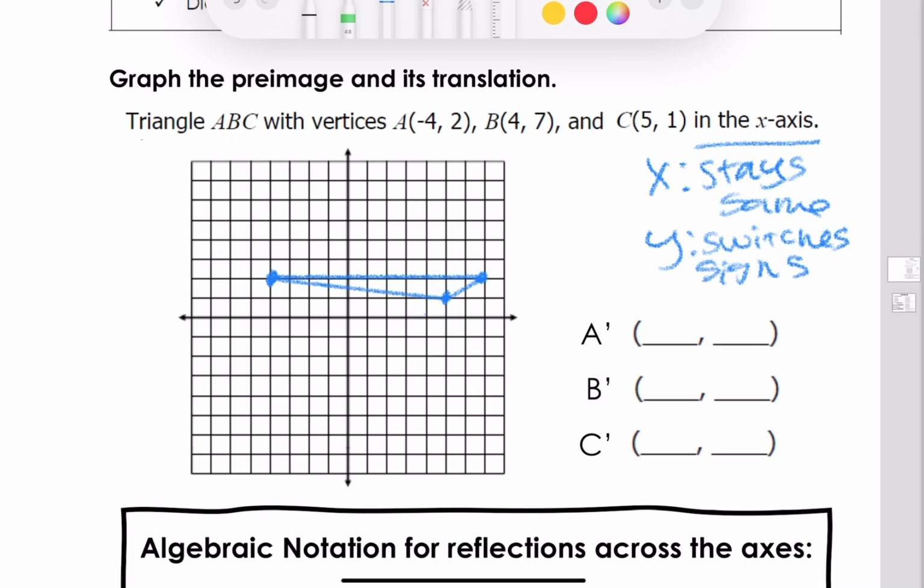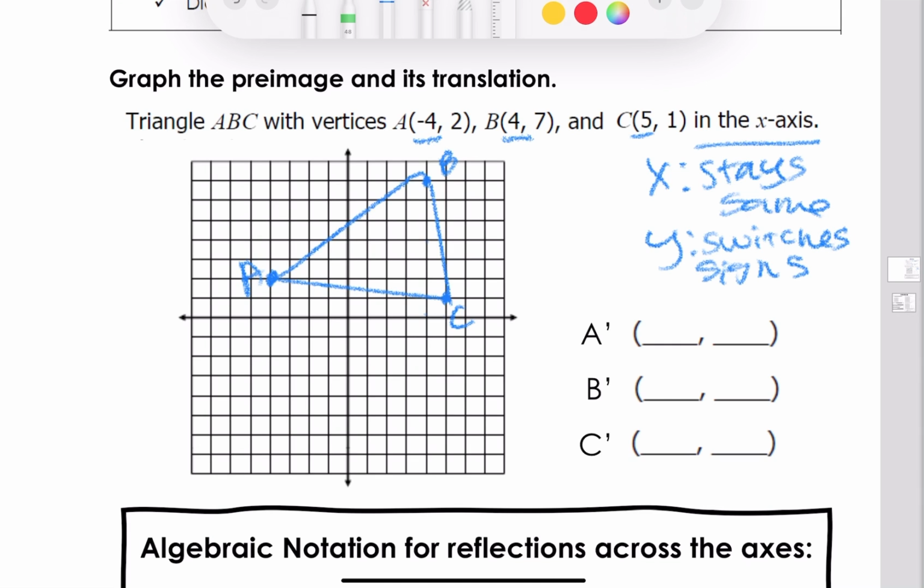Okay, this is a triangle we're working with. Now, if you're just reflecting it, your x value is going to stay the same.